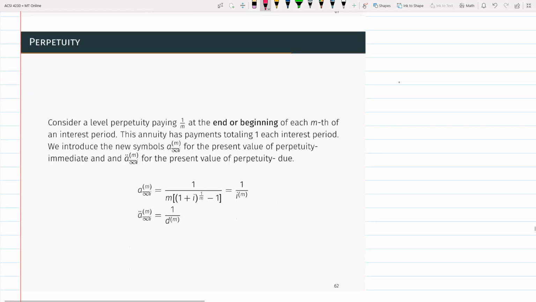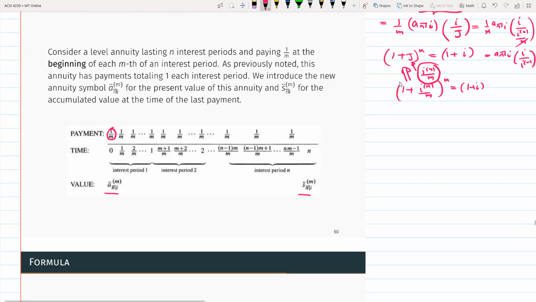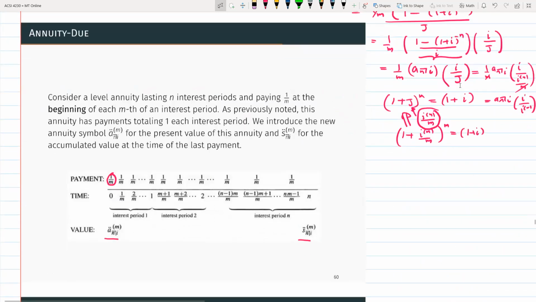Okay, so now let's do some problems. Here you can see what happens if you have a perpetuity. Okay, if you have a perpetuity, let me go back to this formula. In this formula, a_{n|}^(m) is what?